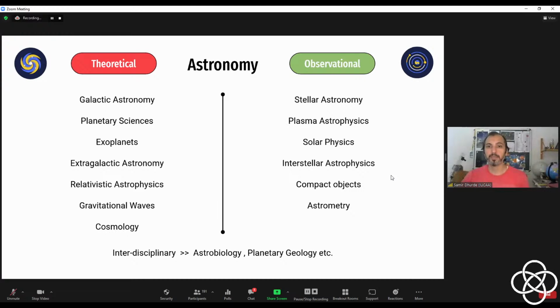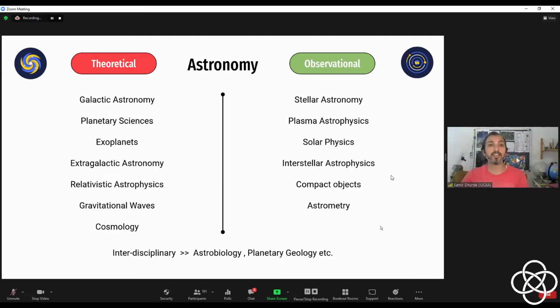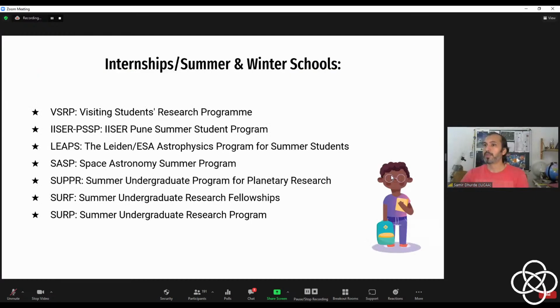Which basically are crossovers, and you're still doing some astronomy, you're still contributing to astronomical knowledge, and also bringing in your own field skills that you may have from your UGPG. So these are some of the subfields and related fields of astronomy that you can get into. I think we'll be sharing some part of these slides with you.